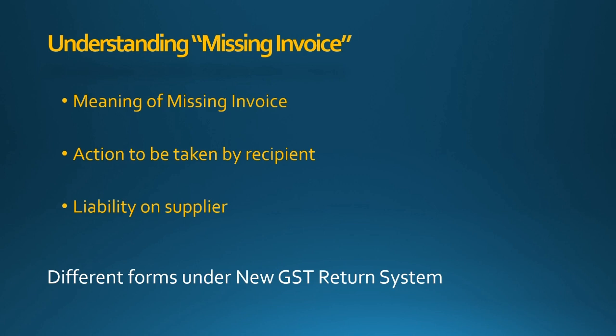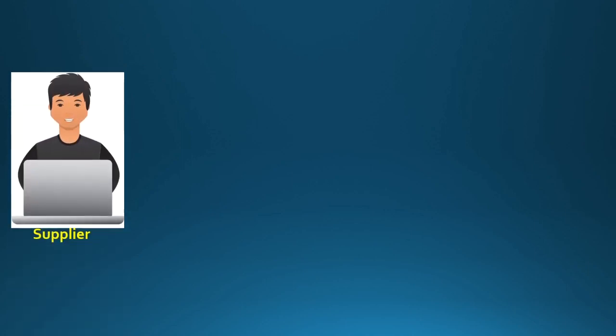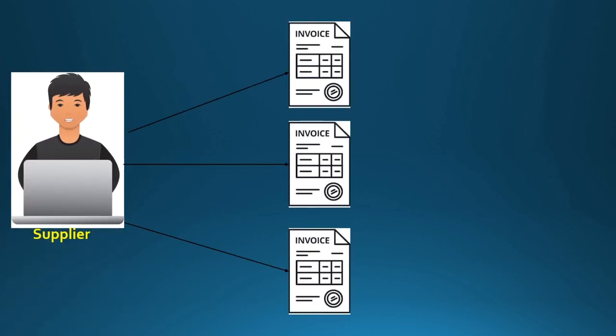Having understood this, now let's look at the meaning of missing invoice. Under this new system, the supplier is required to upload the invoices of supply made by him during the month in form GST Annex 1 up to the 10th of the next month. This invoice will be posted continuously in the viewing facility of the recipient, and basis this invoice, the recipient can avail input tax credit.